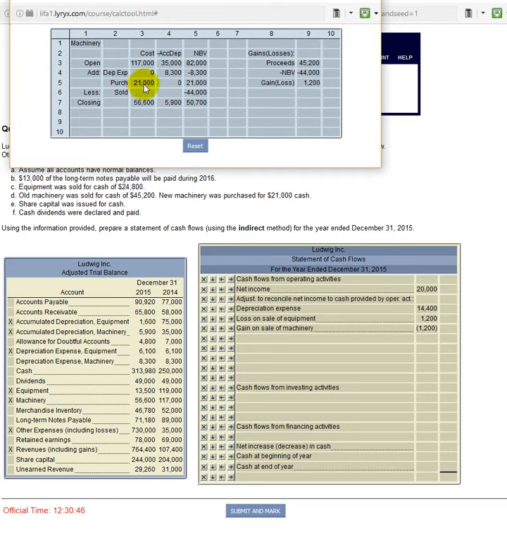Now, if we were to go through the process of checking to see what the remaining missing pieces would be, we can go like this: 117,000 plus 21,000 minus 56,600.